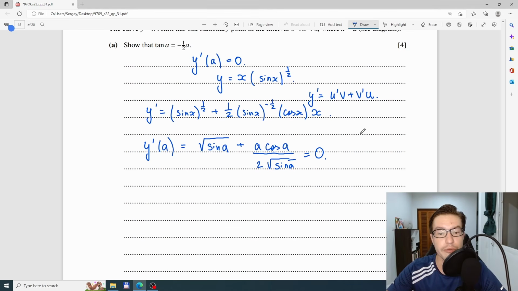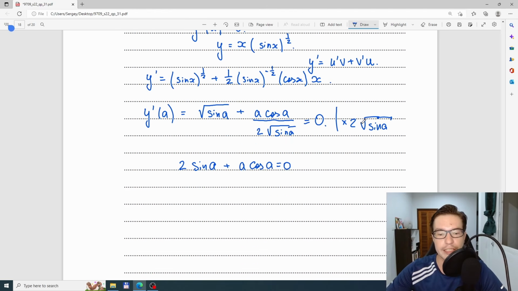Okay, now we'll have to rearrange this equation and show that tangent a equals minus a over 2. So what I'm going to do is multiply both sides of the equation by 2 square root of sine a. That gives me 2 sine a plus a cosine a equals 0.